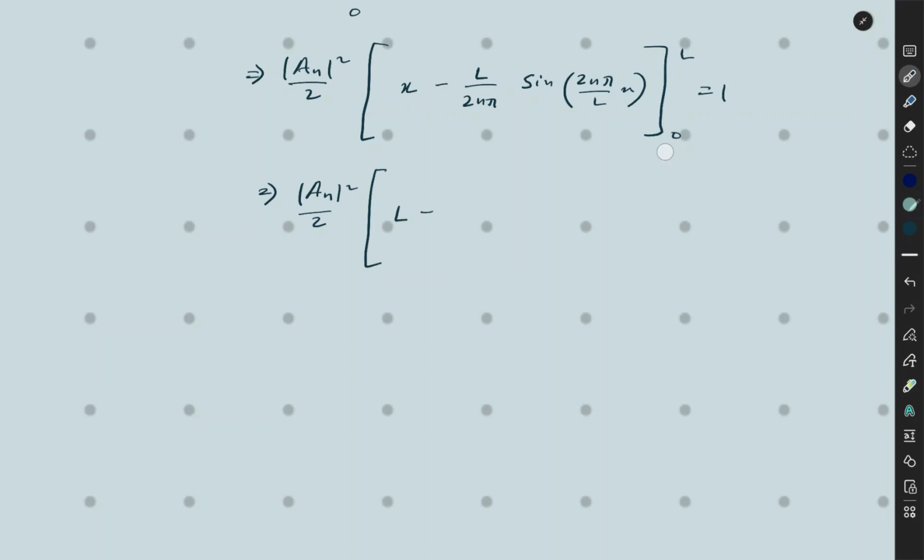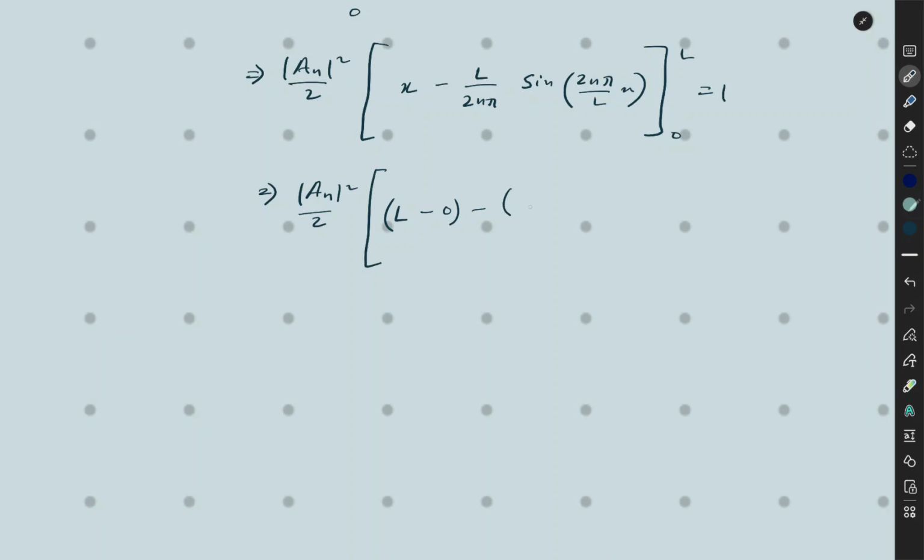If we put x equal to L, the L and L cancel out and it becomes sine 2n pi, which is 0.